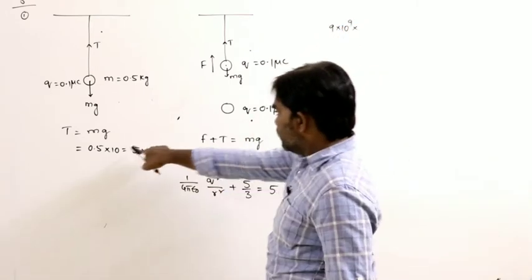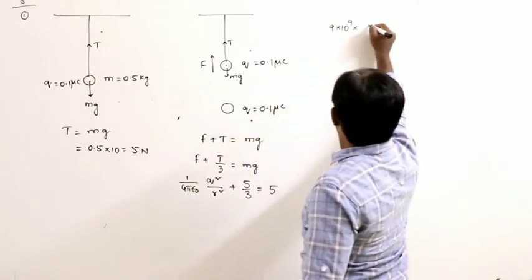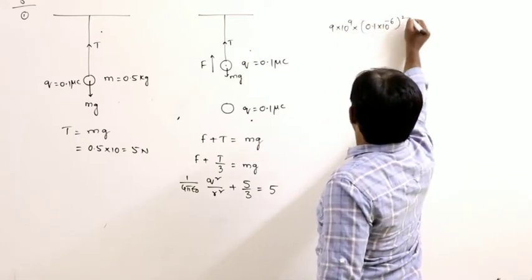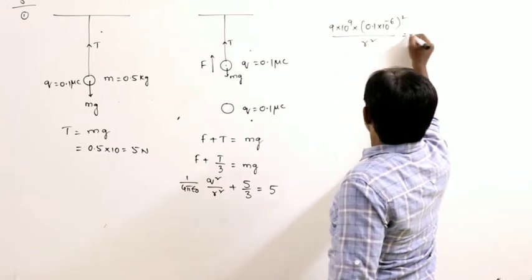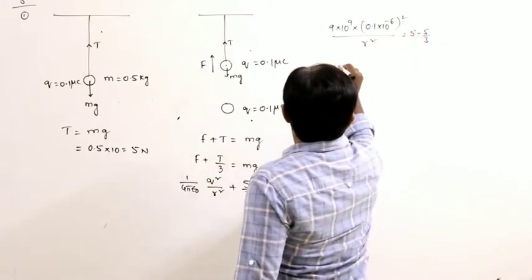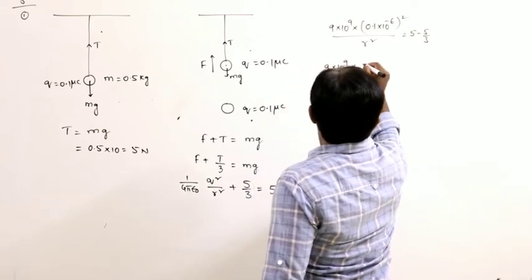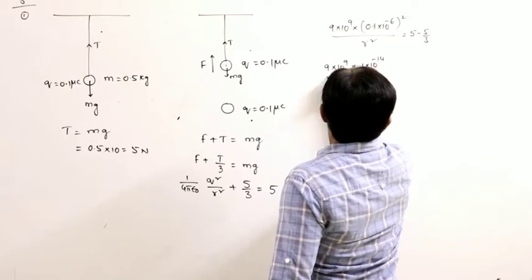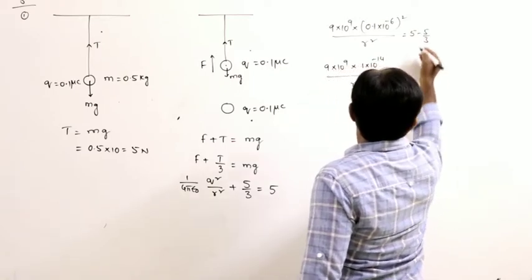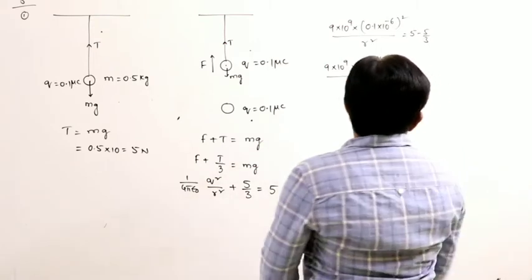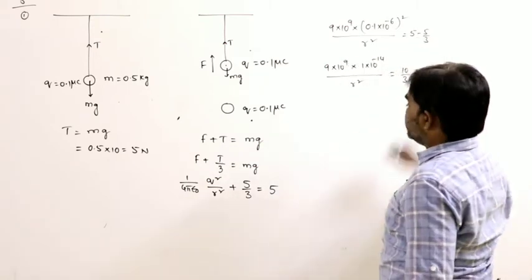Q value is 0.1 microcoulomb, so 0.1 into 10 to the power of minus 6 whole square divided by r square equals 5 minus 5/3. So 9 into 10 to the power of 9 into 1 into 10 to the power of minus 14 divided by r square equals how much? 3 fives are 15 minus 5, so 10/3.